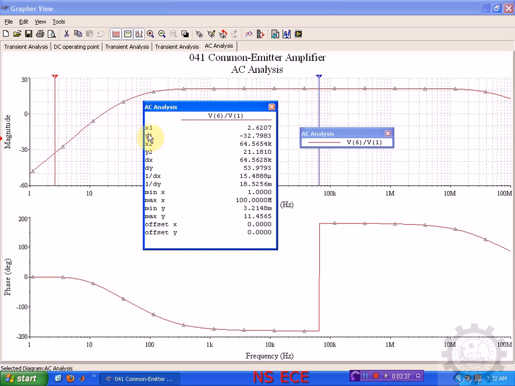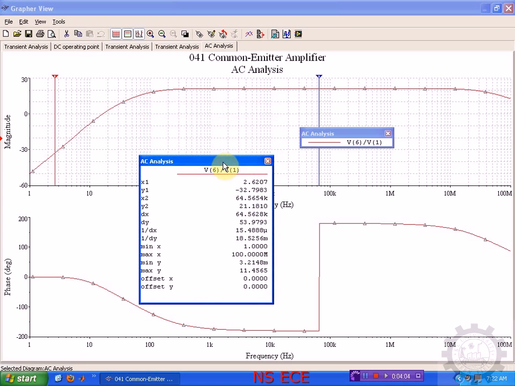This itself shows that the maximum gain here, Y2, is 21.1810 at a frequency of 64.565 kHz. So my maximum gain of the amplifier is 21.181 decibels.